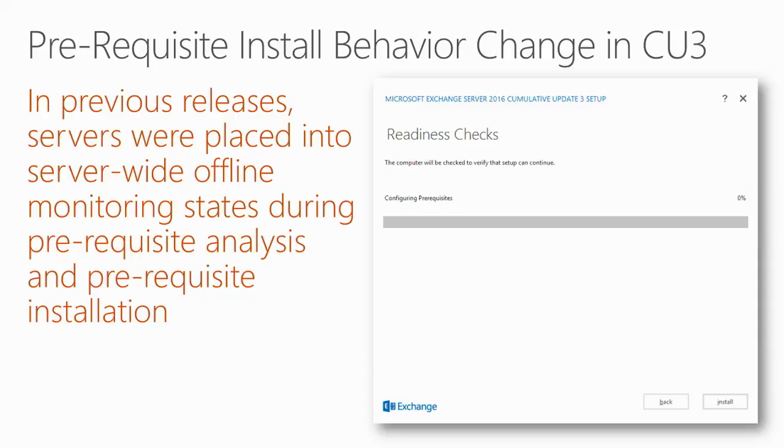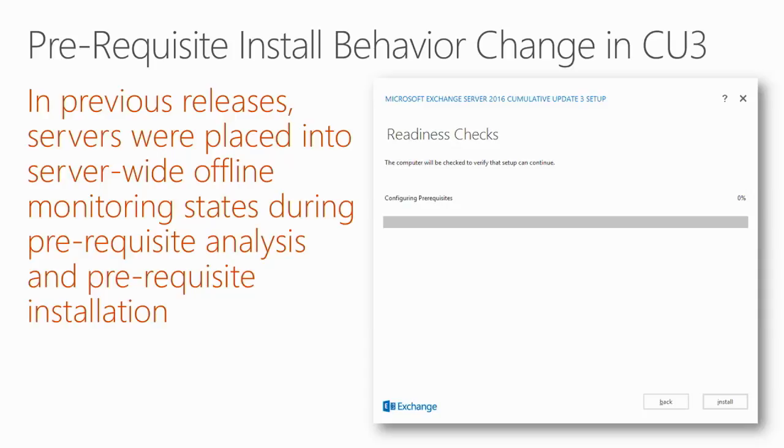And when you run setup on an Exchange server in an upgrade mode, in other words, there's already a version there and you're upgrading to another CU, historically, as soon as you ran setup, setup would stop the managed availability features, basically put the server into a server-wide offline monitoring state. And then it would do a prereq check, and it would go ahead and tell you if the prereqs were there, and then proceed with install if they were.